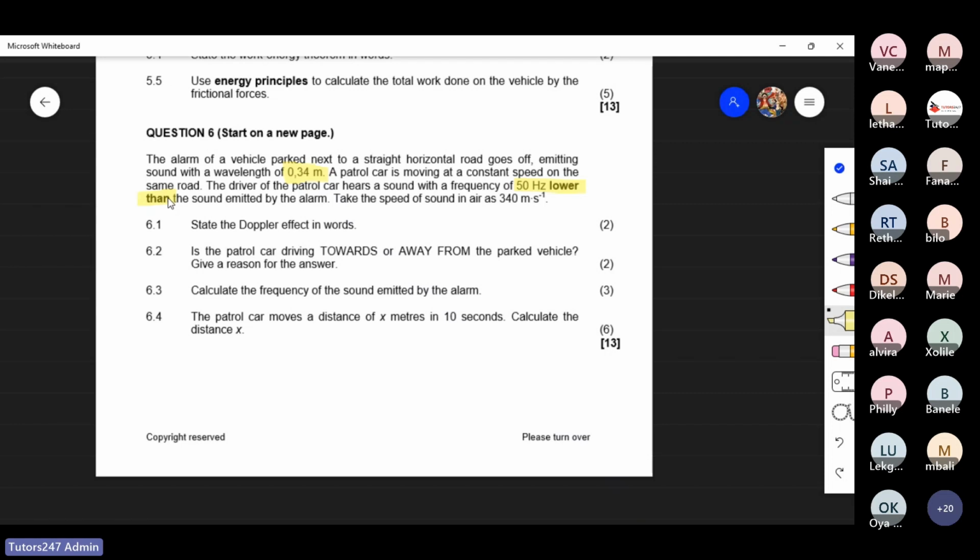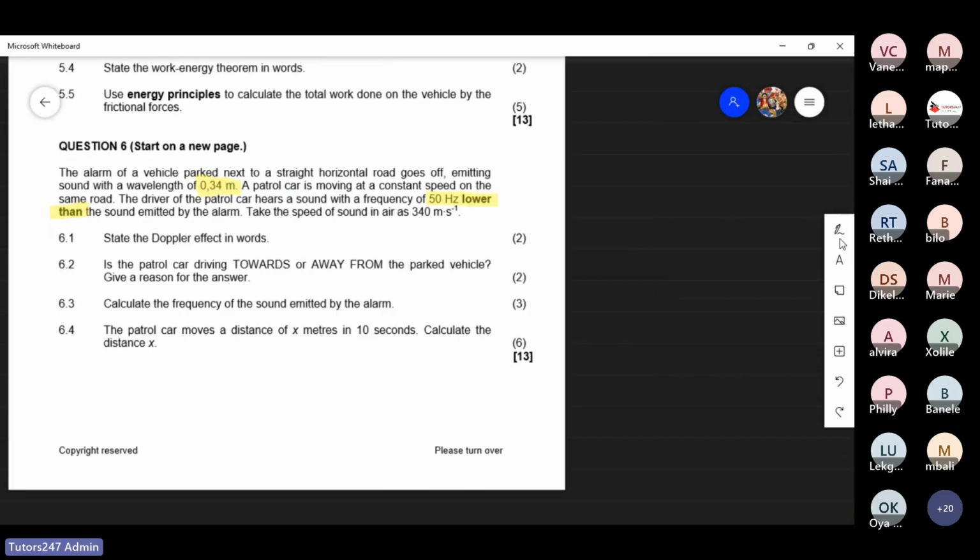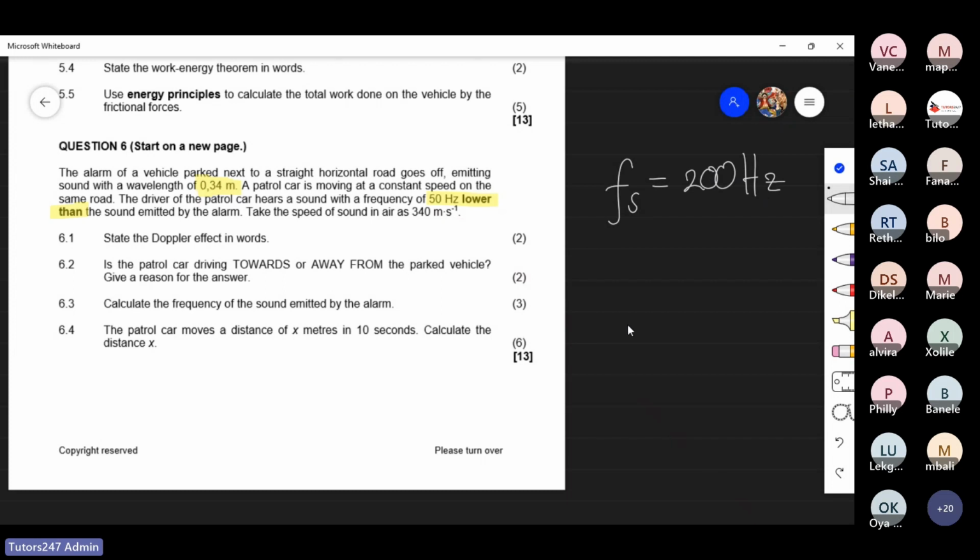So what they're now saying is the driver of the patrol car, which is the listener in this particular case, hears a frequency 50 hertz lower than the source. So let's say, for example, our source is 200 hertz, and this listener now hears a sound that is 50 hertz lower than the frequency of the source.